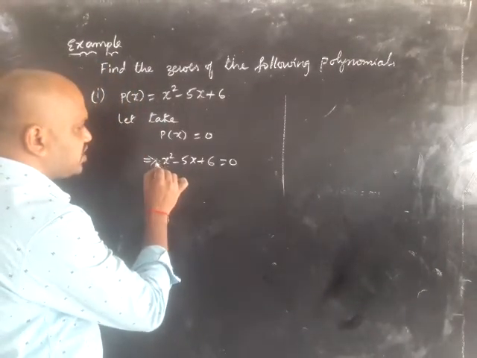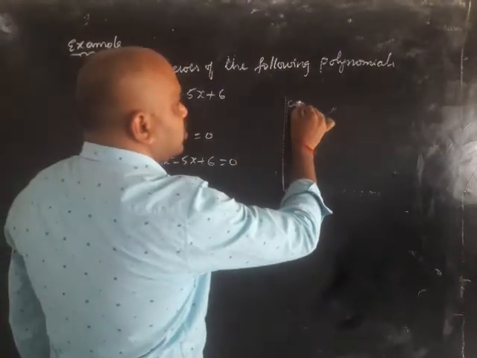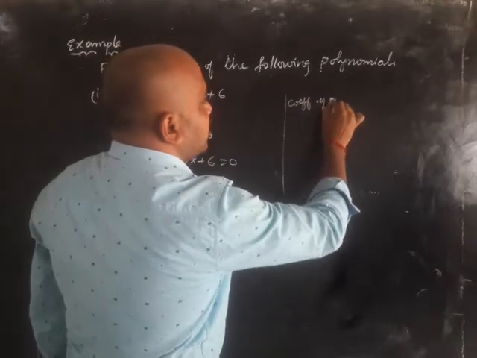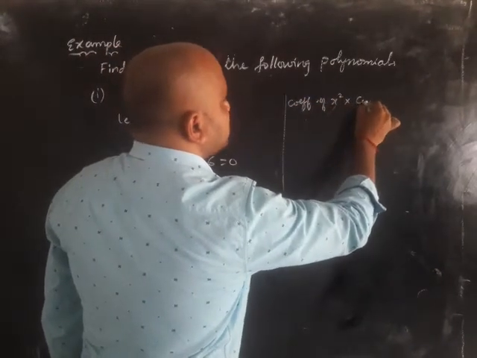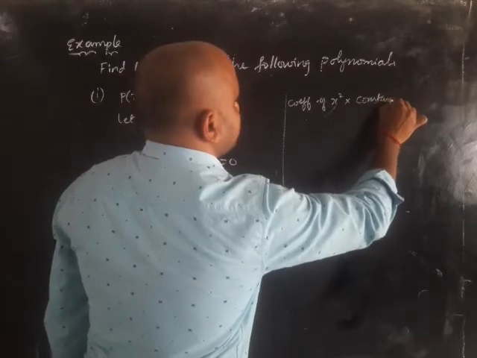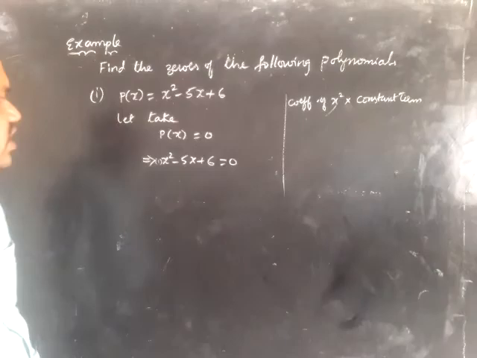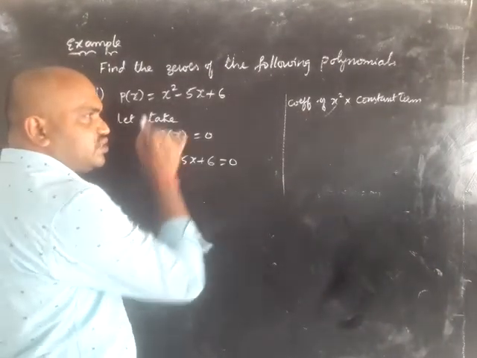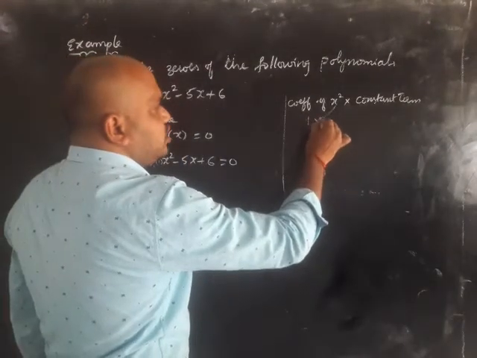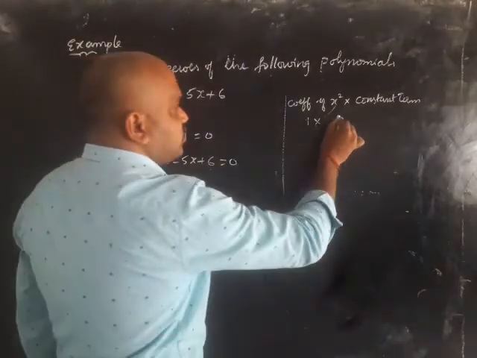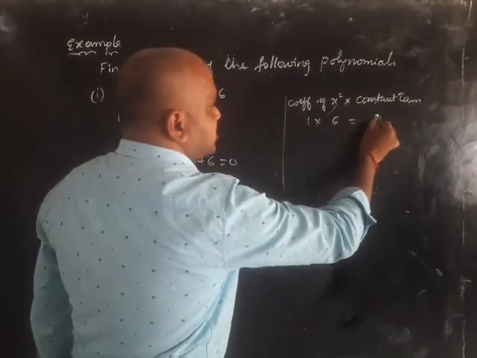What is the coefficient of x square here? 1. So coefficient of x square into constant term. If there is no coefficient, it is 1 only. 1 into constant 6. 1 into 6 is 6.